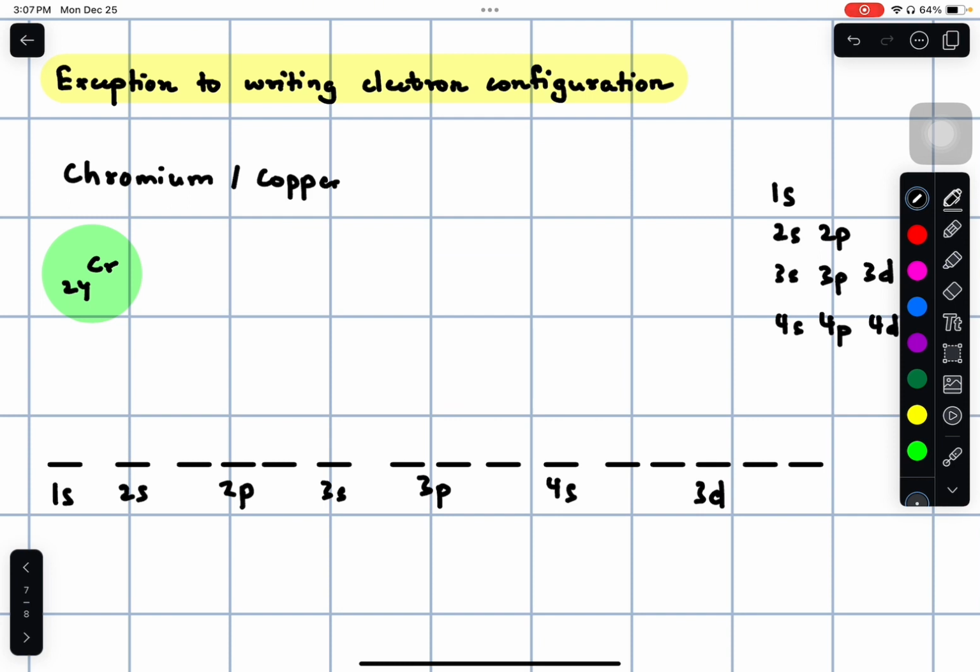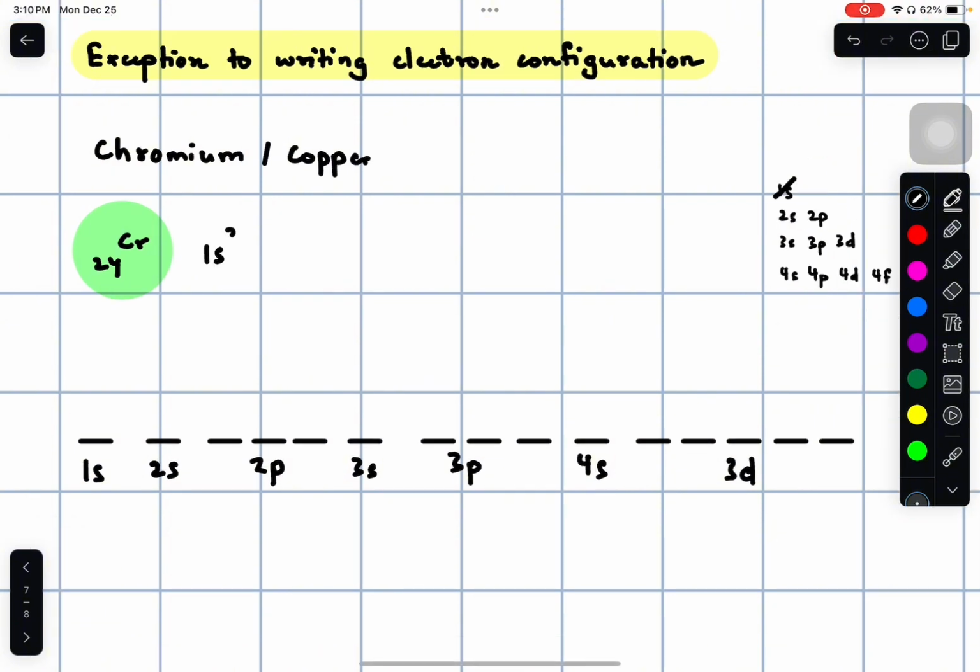Chromium has 24 electrons, and writing down the electron configuration, it would look like this. 1s2, 2s2, 2p6, 3s2, 3p6, 4s2. Until now, how many electrons do we have? We have 20 electrons already, so we only need to fill 4 electrons in 3d4.